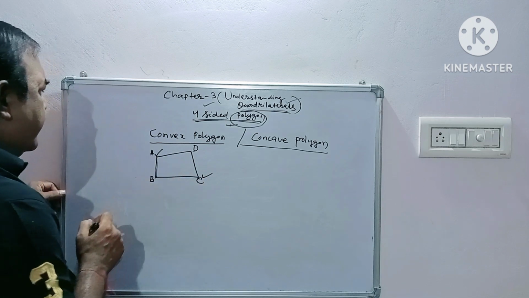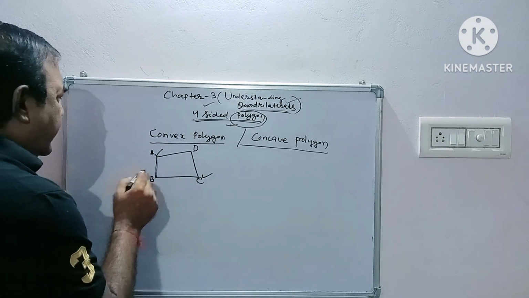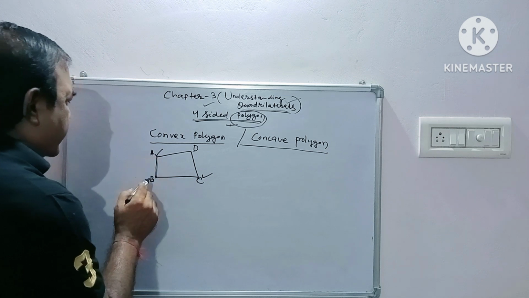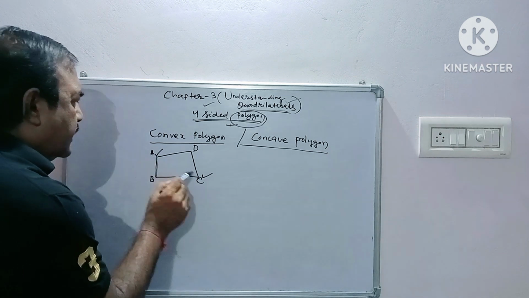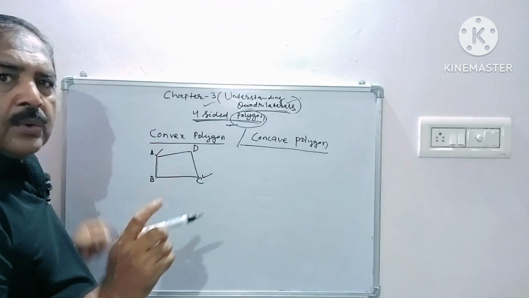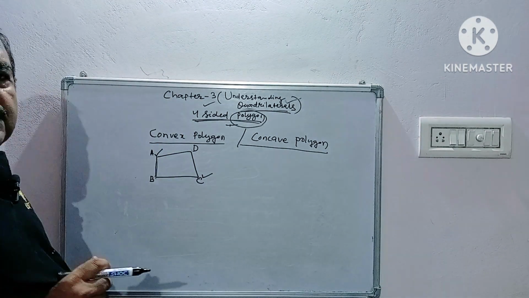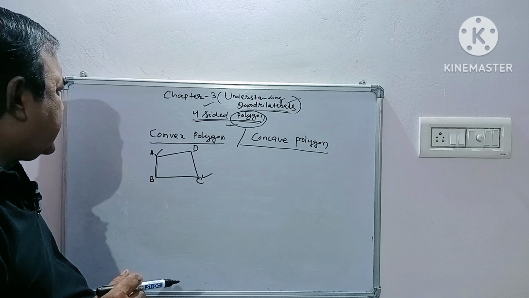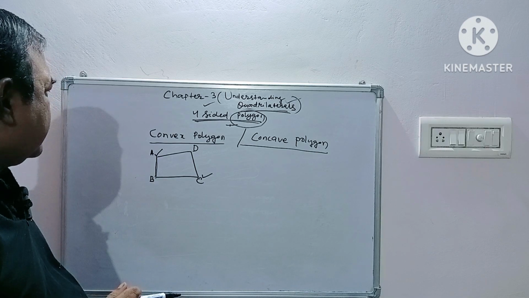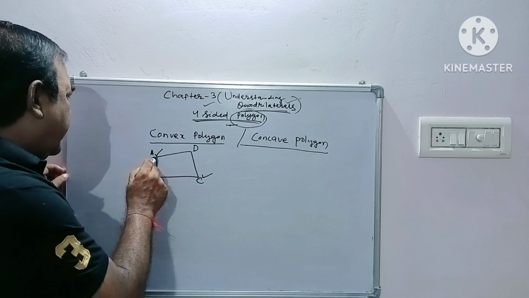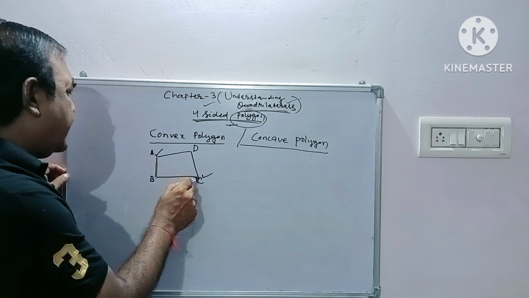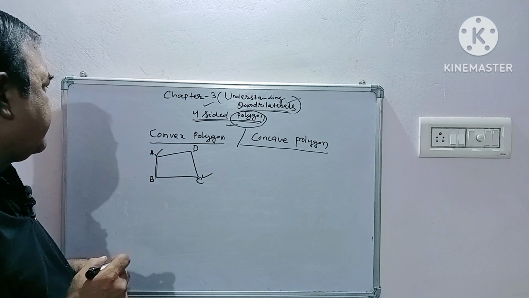The line segment joining two consecutive points, for the point B, the point A and the point C are two consecutive points. Yes or no?